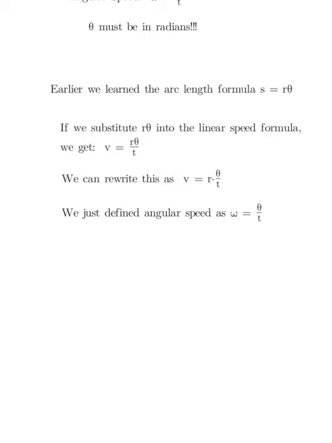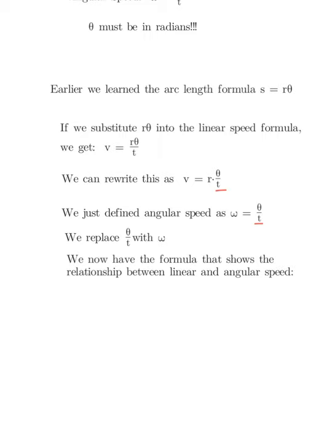We just defined angular speed to be omega equals theta over T. So now notice we have a theta over T and a theta over T. So we are going to take out the theta over T and replace it with the omega that it's equal to.